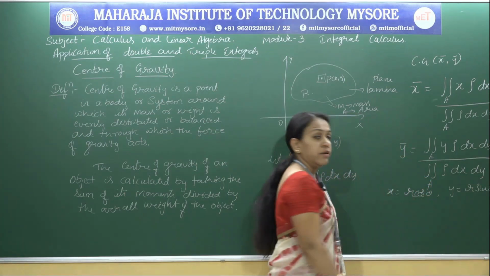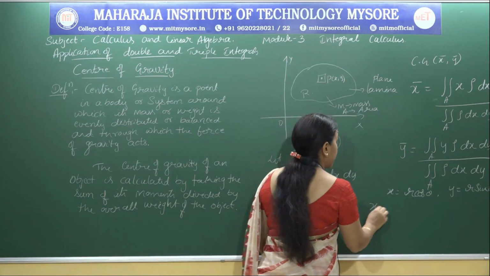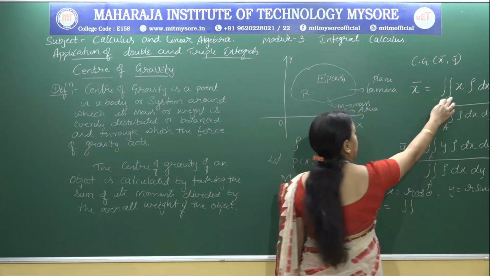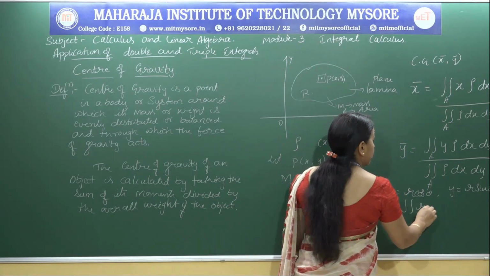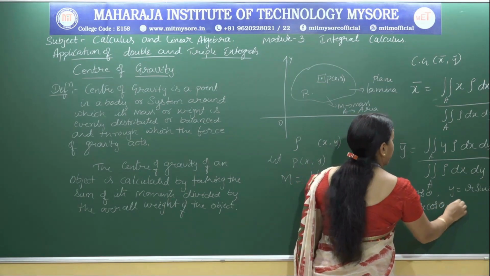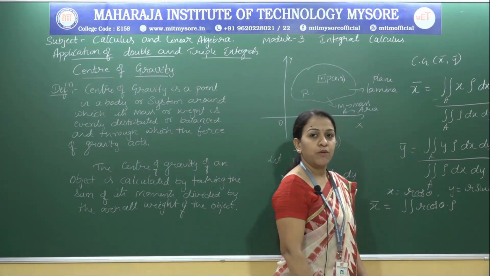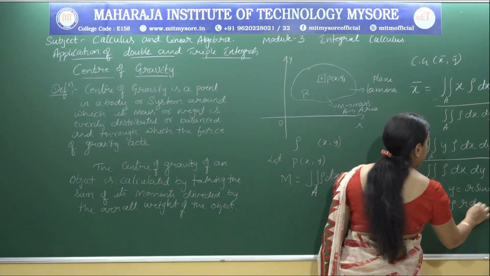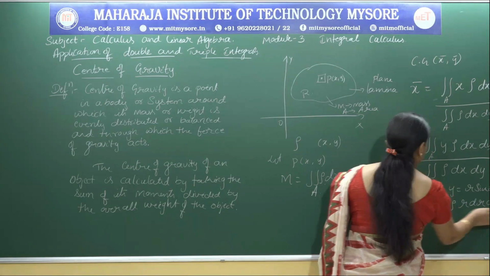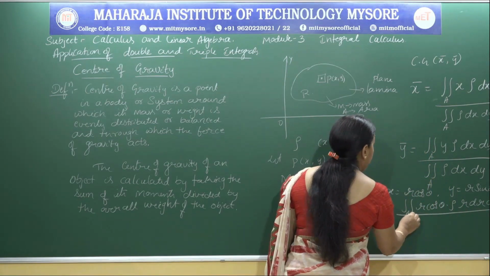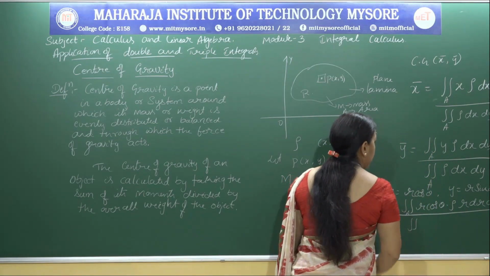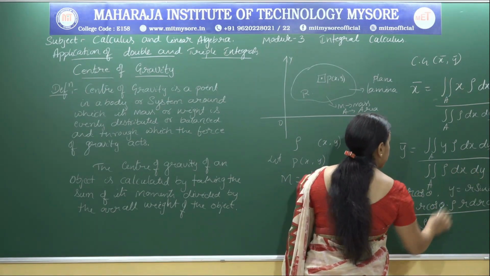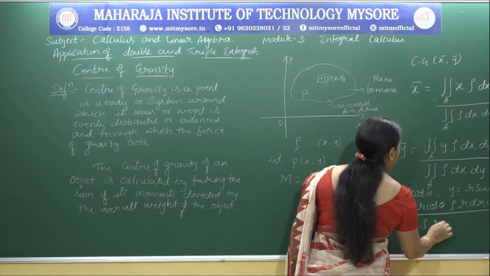Then the center of gravity is given by x bar equal to the double integral of x replaced by r cos theta into rho, and we know that in polar form dx dy is replaced by r dr d theta, whole divided by m, which is the double integral of rho into r dr d theta.